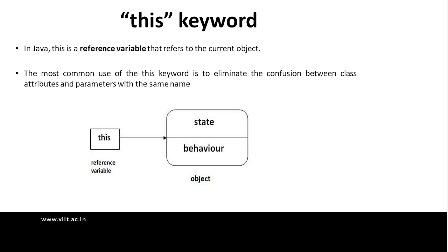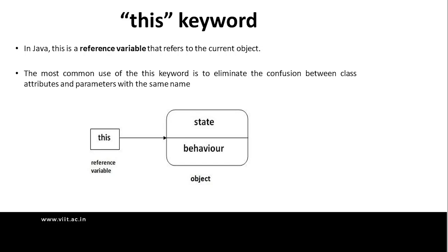So, the importance of the this keyword. The this keyword is very important. In Java, this is a reference variable that refers to the current object. In the place of the current class object, this will be referred to. So instead of using the current class object name, you can use this anywhere in the class.